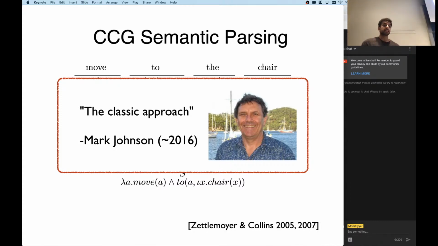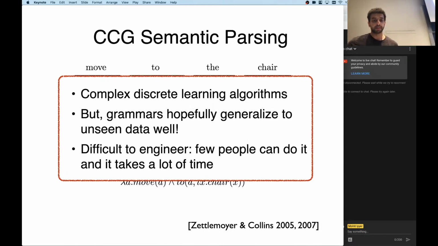But unlike constituency parsing, which we saw in the last class, where CKY-type algorithms are still dominating, the neuralization of this process is mostly in how you encode those rules. You can maybe encode them with vectors instead of just discrete rules, and maybe you can share information there and do better. Here, in semantic parsing, it's much more common to just get rid of the grammar completely and frame this as a sequence-to-sequence problem.